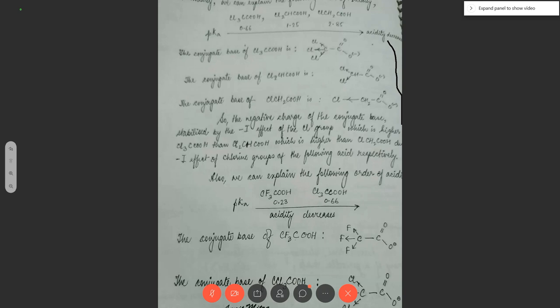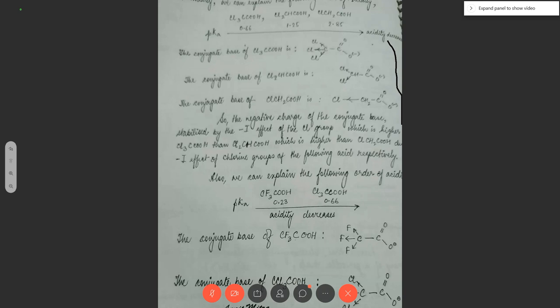So the conjugate base stabilization explains the strength of its acidity. The minus I effect of 3 chlorine groups will obviously be higher than 2 or 1 chlorine group. That is why trichloroacetic acid is more acidic than chloroacetic acid.